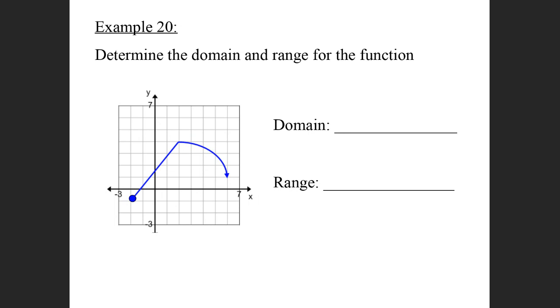So Nasser is saying the domain is from minus 2 to infinity. Do you agree? Yes. So the domain is from minus 2 to infinity. Yes, correct. Why? Because you have to extend this line.